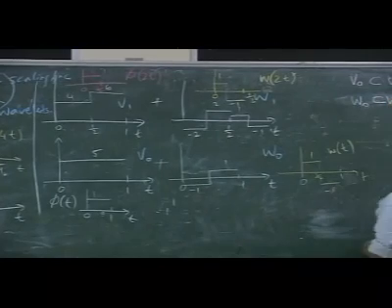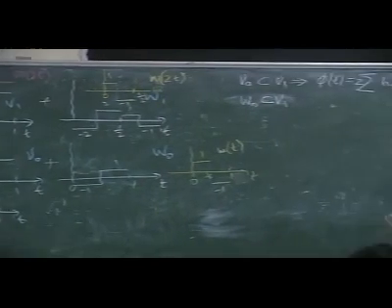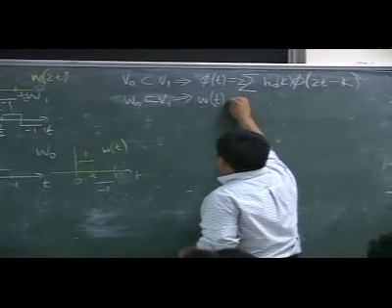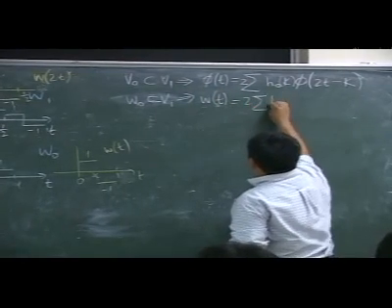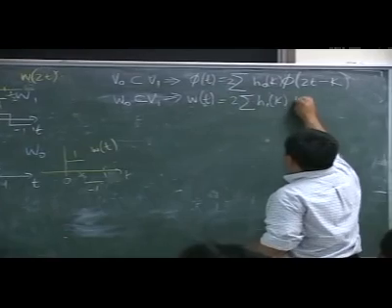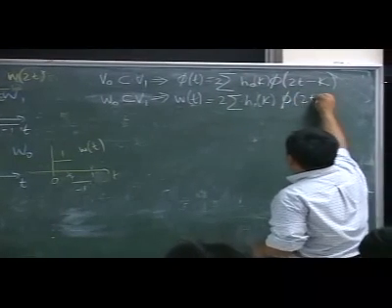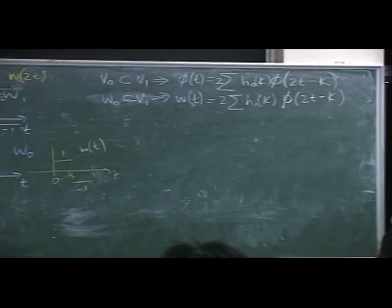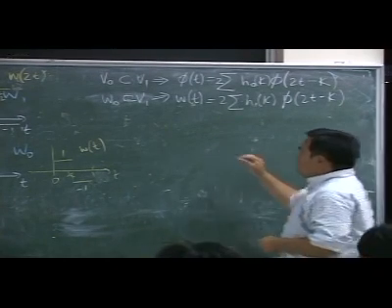W0 is in V1. Which means that the basis function in W0, which is the wavelet w of t, can be represented as a linear combination of the basis function in V1, which is phi of 2t. This is called the refinement equation.